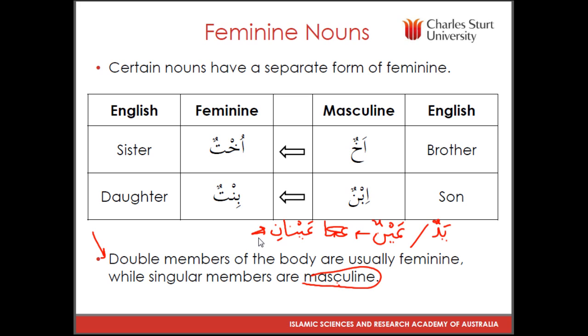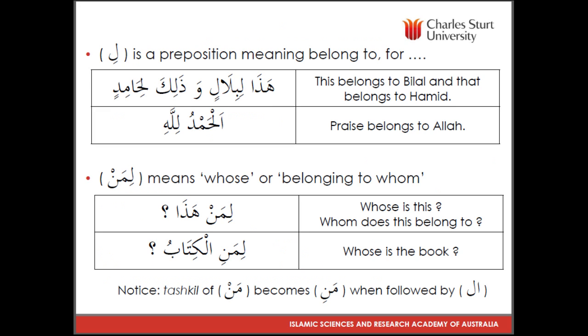For example, you are pointing out a book and saying this is for Bilal, and li Hamidin, look, that belongs to Hamid. So li is a preposition, and the ending becomes kasra.